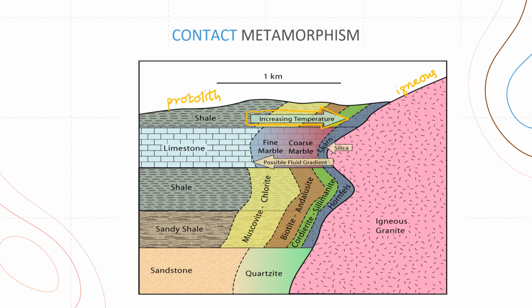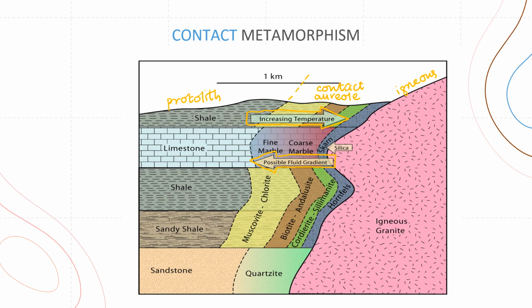And there is a possible fluid gradient moving in that direction. Because of this fluid gradient and the increasing temperatures, there will be reactions which dictate the types of rocks created in this region of contact, which we call the contact aureole.